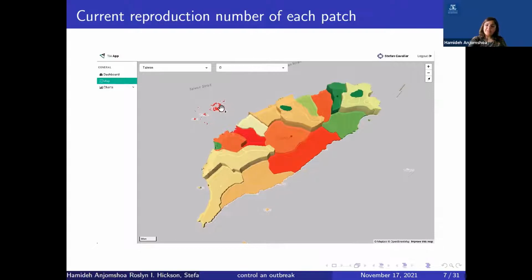Bear in mind that we have little islands at the left side that are pretty red, and clearly they're not very populated. So it's always about fairness in how to apply those interventions to control an outbreak, considering those little islands with fewer people as well.